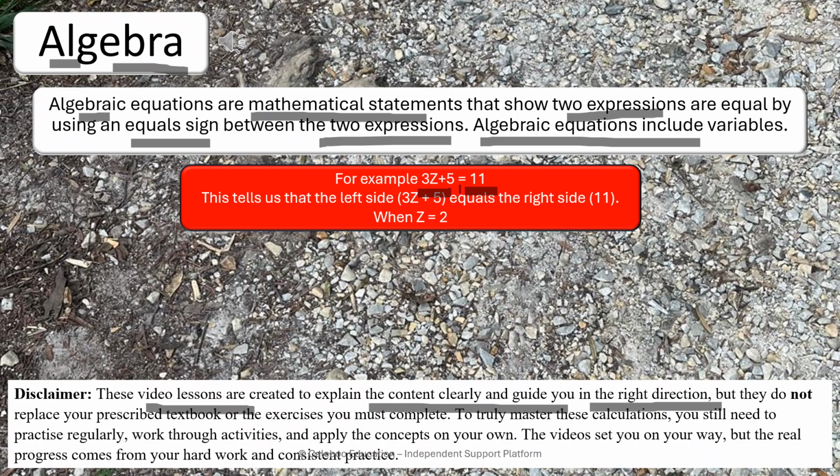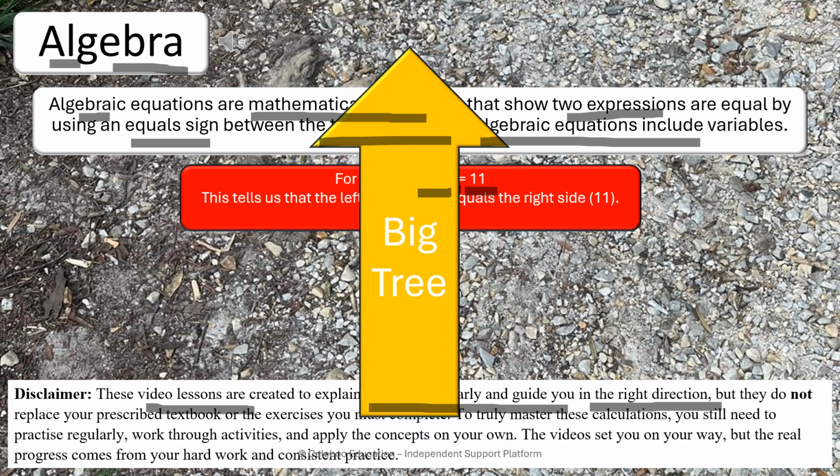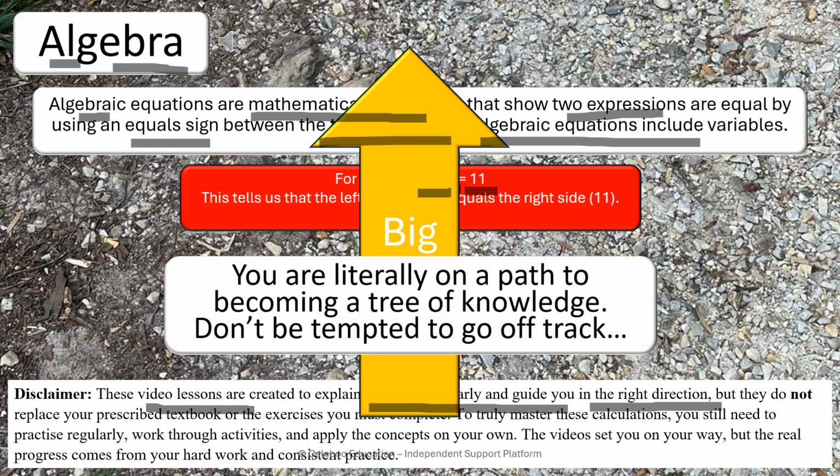A lot of this course is actually revision from high school maths. So you're on literally a path to a big tree. You're going to become a tree of knowledge. There we go. Don't be tempted to go off track. Stay on the path, stay focused. It's one semester and then you get a break.